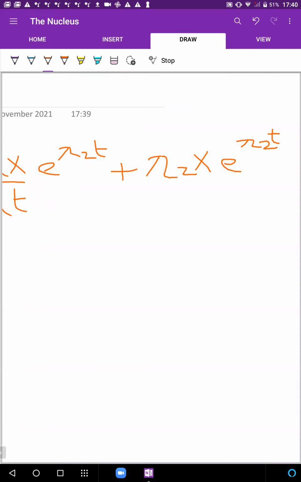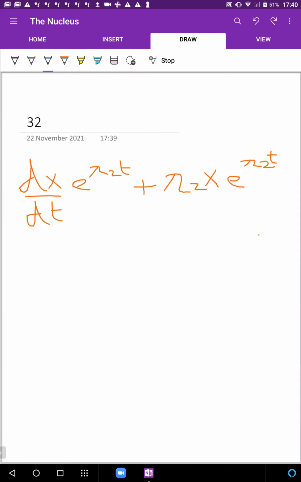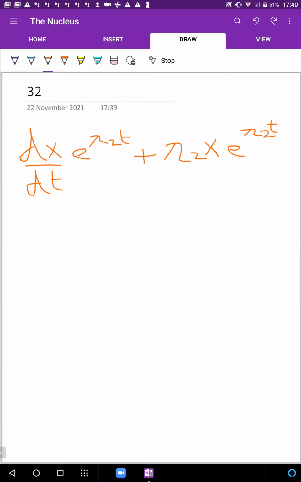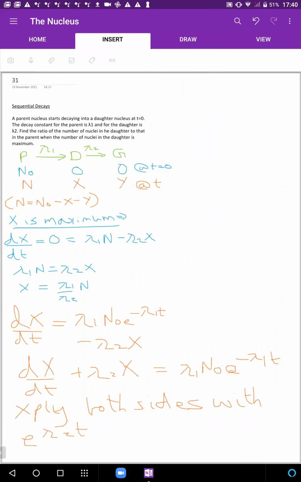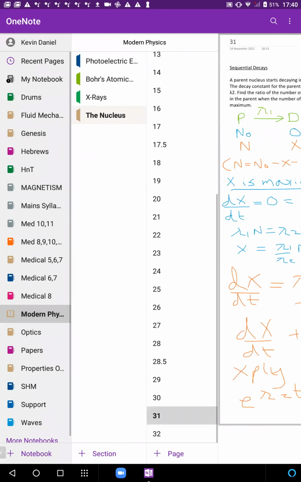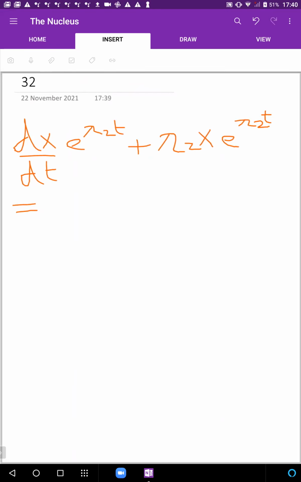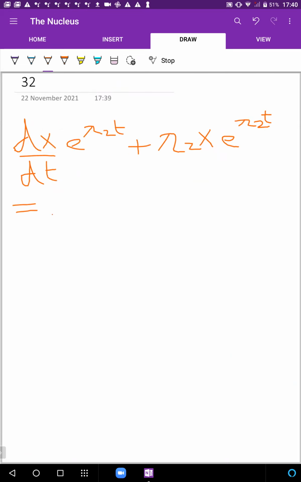Okay? In fact, let's write x. So it became like this, and the RHS, which was lambda 1 N naught e to the power minus lambda 1t, becomes lambda 1 N naught e to the power lambda 2 minus lambda 1 t.